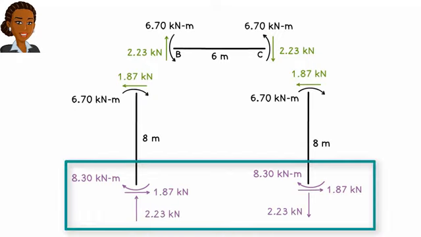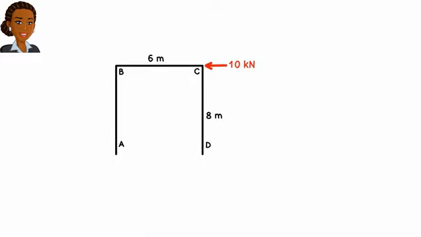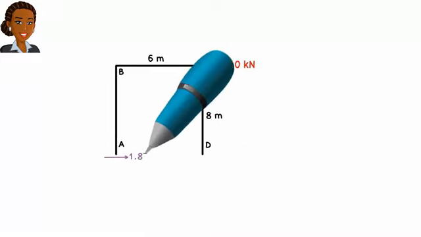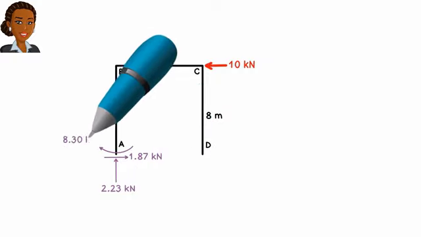Here are the reactions based on the assumed fixed end moment values. We know that if these were the actual reaction forces for the frame, then the equilibrium conditions would have held true.